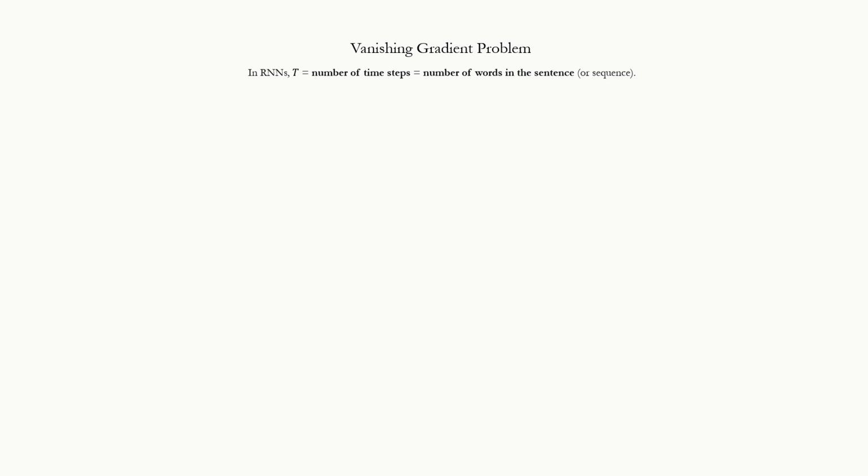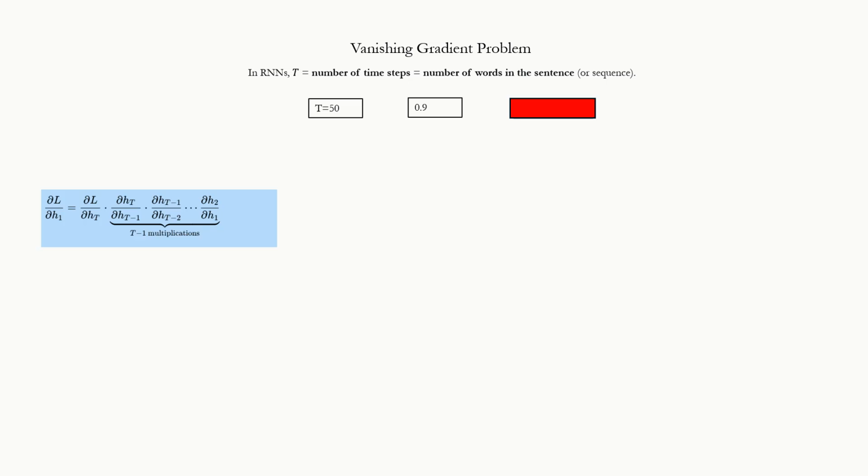So let's see this. In RNNs, t equals the number of time steps, the number of words in the sentence. And we could see this basically, the loss with respect to h1, right? And we're going back t-1, t-2, and so forth. Now we have t equals 50, 0.9, t equals 49, 0.81.